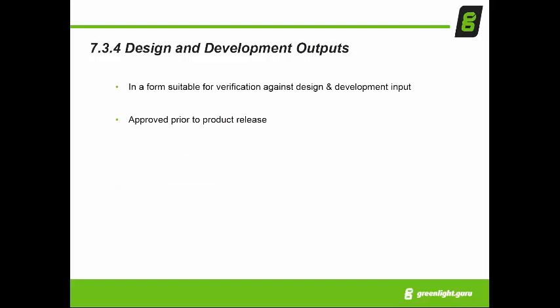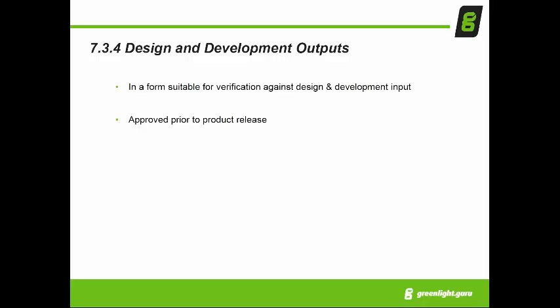Design and development outputs is also an area that's changed. The verbiage and the wording that we're seeing in the 2016 version, again, is almost verbatim from what we have been used to in FDA design control regulations as found in 820.30. But you have to express design and development outputs in a way that can be confirmed through verification activities.